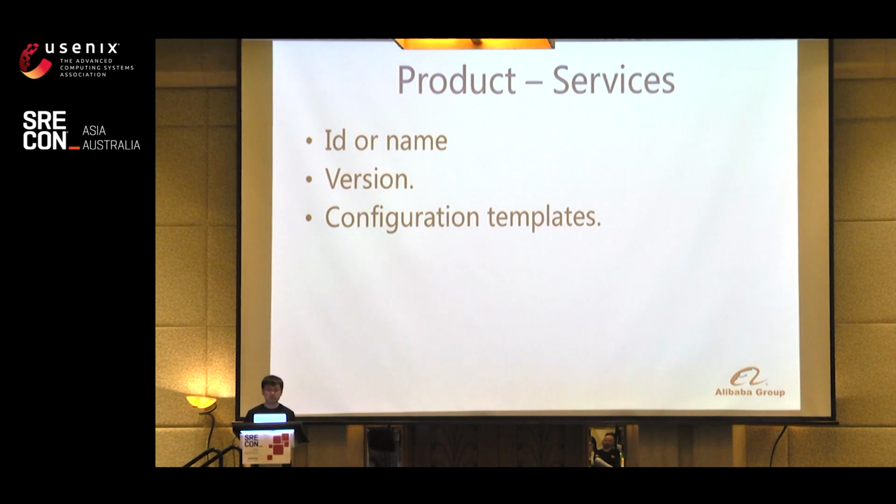So we have many versions. And the third one is configuration templates, because for each version, the configuration might change. So we need to reference different configuration templates to make sure we use the correct configuration. So that's what we need to have for the service description part in the product.